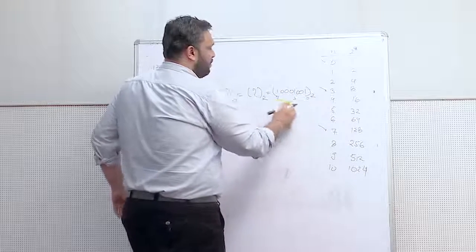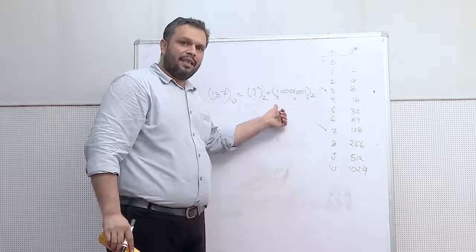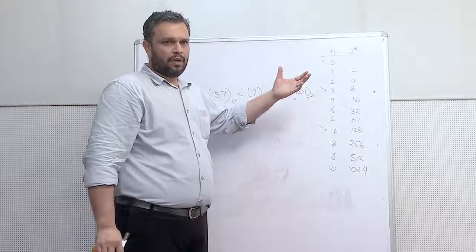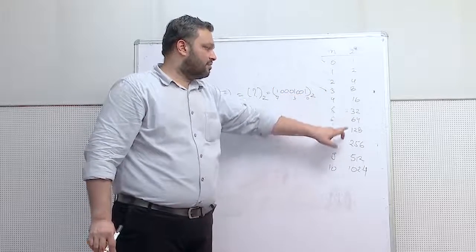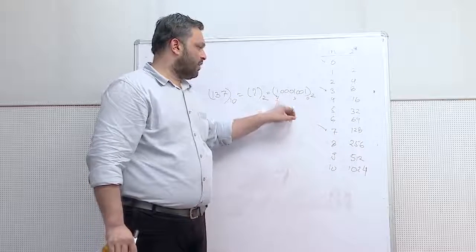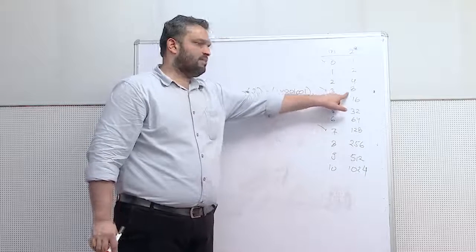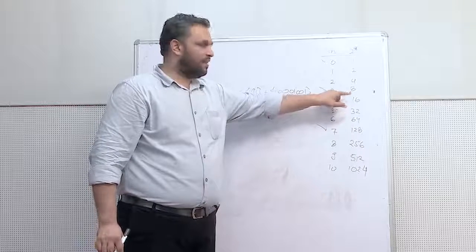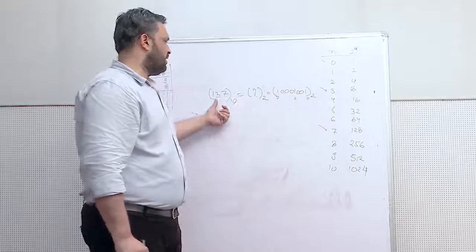We are now concerned with only those positions which represent ones. And anything multiplied by 1 is the same number. It means we are concerned with only the final values. So what do you get? 2 raised to power 7, which is 128, plus 2 raised to power 3, which is 8, which makes 136, and 2 raised to power 0, which is 1. So the total is 137.